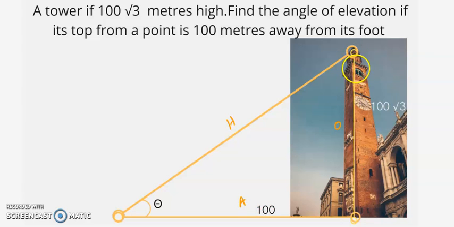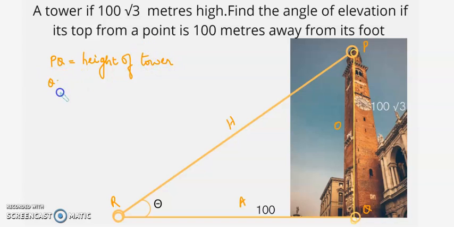Before that, we have to label the triangle. Let's say that this is P, this is Q, and this is R. And we have to mention which side is which. PQ is representing the height of the tower.